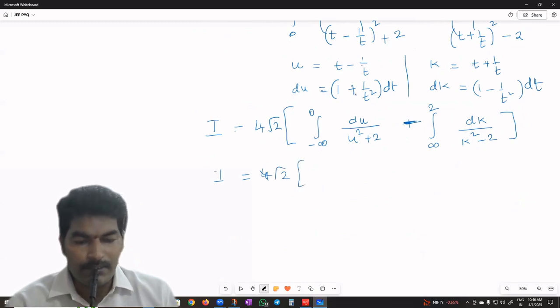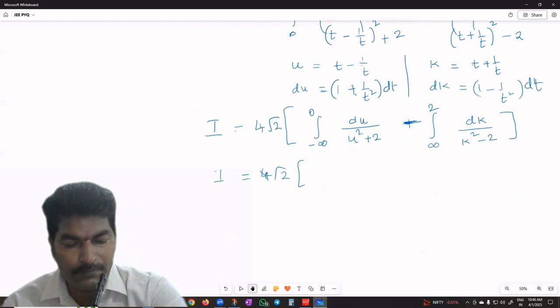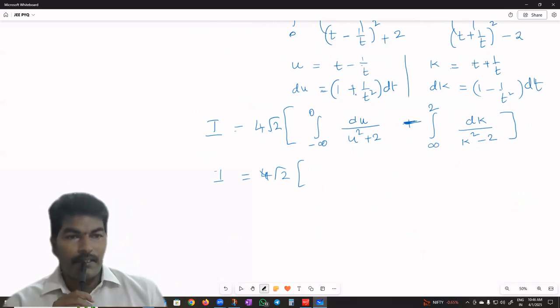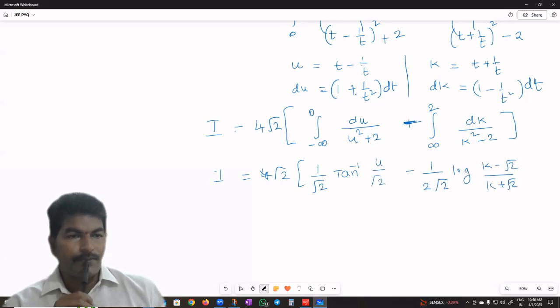4 root 2 times of, what is the integral part? It looks like 1 by root a or 1 by a into tan inverse x by a, tan inverse u by root 2, you can write. And for the next one, okay, just substitute and apply the limits, upper limit and lower limit together.